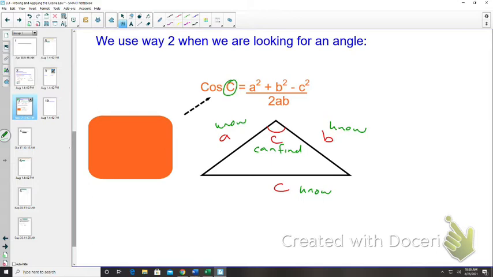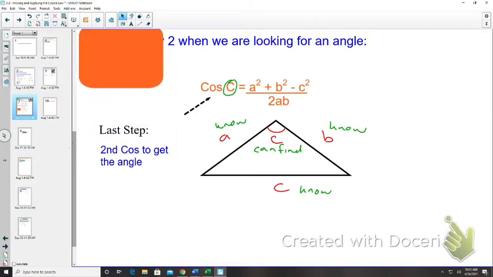But what's attached to that C, Cody? Well, cos. Cosine, right? And what's the opposite of cosine? Cosine to the negative one. Yeah, the inverse, right? Perfect. Okay, so again, you need to do second cos to get the angle, right? You need to take the inverse of that.